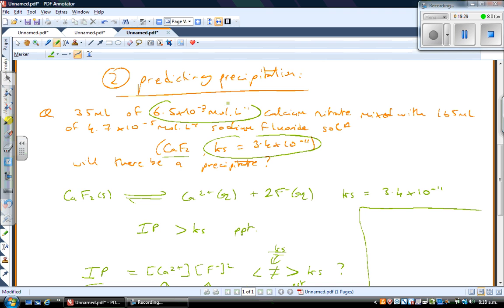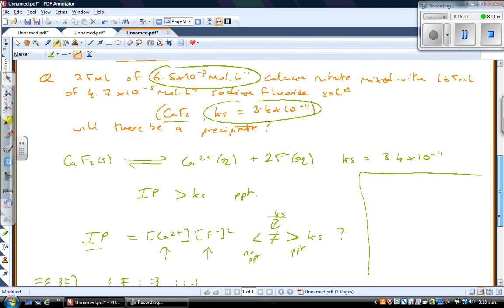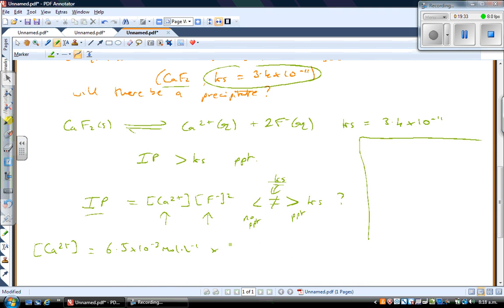So you take that, and you have 35 mils of that. So it's 35 mils over the total volume, which is 35 plus the 165, which is 200. And that gives you a new, diluted concentration of 1.138 by 10 to the minus 3 moles per liter. We have to do the same then for the concentration of fluoride.